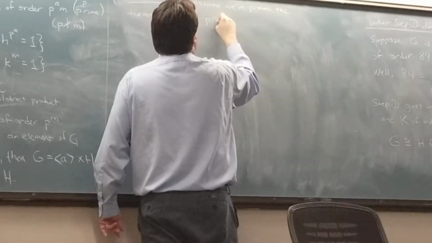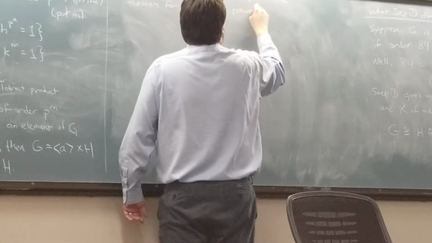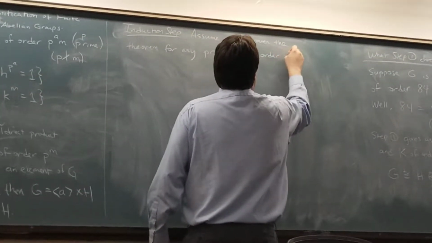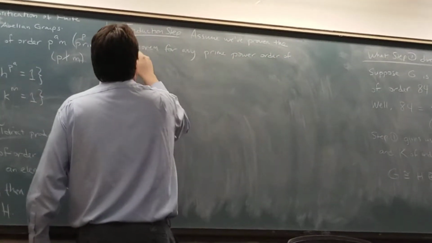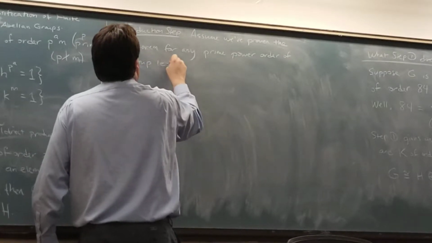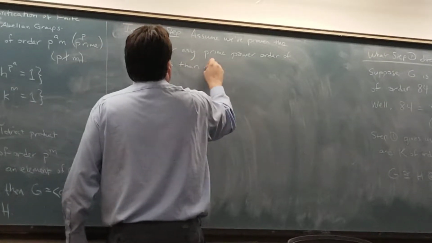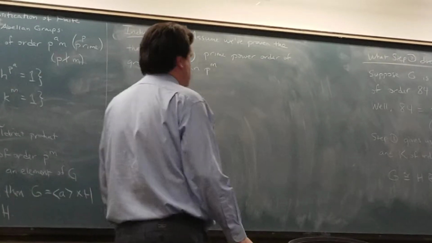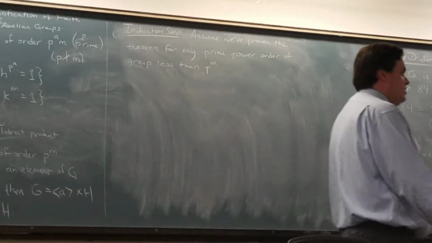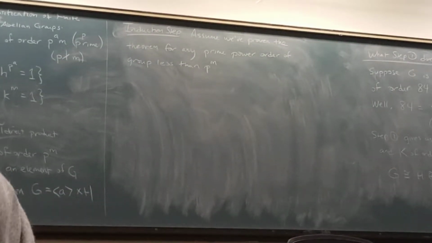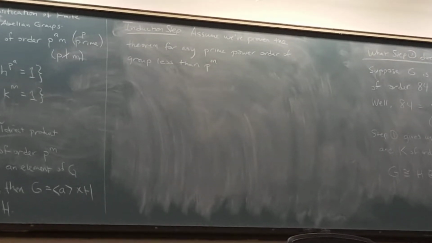Any prime power order of the group less than p to the m. And I'm not going to use that right away. It comes up later in the proof.